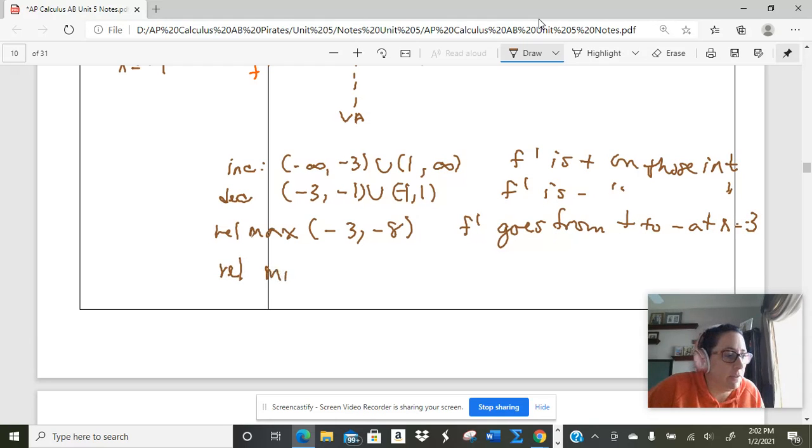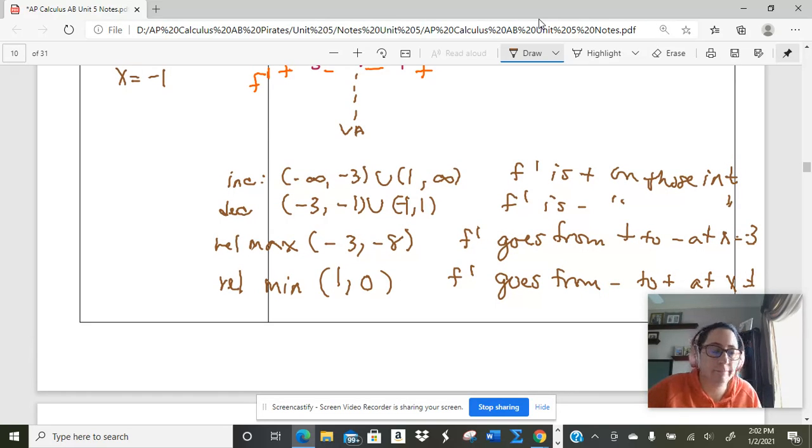And I have a relative min at 1, 0. And make sure you're giving me this justification that f prime goes from negative to positive at x equals 1. All right.